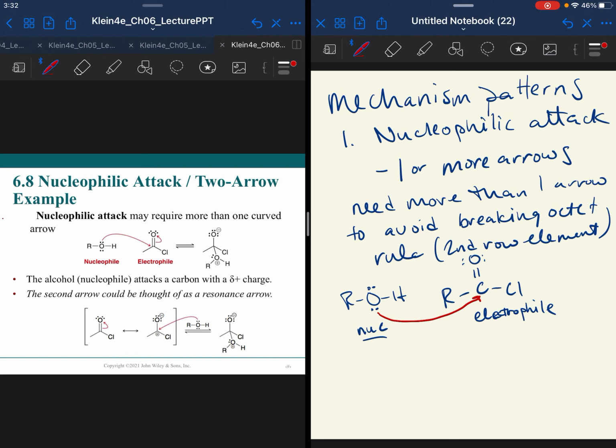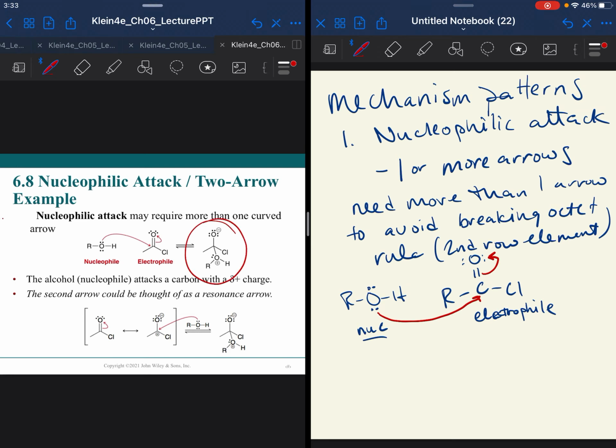So one of the reasons we are allowed to do this reaction is this pi pair of electrons in the double bond. It can be moved out onto the oxygen, right? And that allows us to have this nucleophilic attack without putting 5 bonds on carbon, which is not allowed, right?